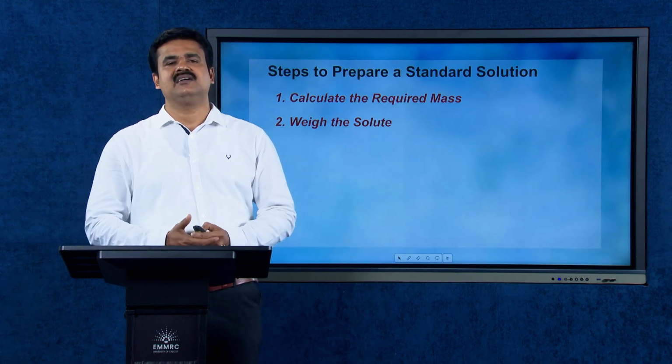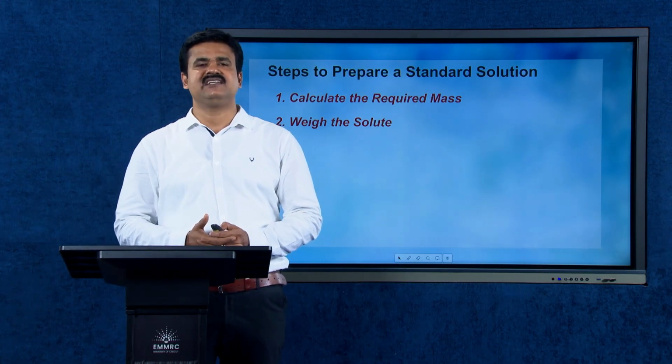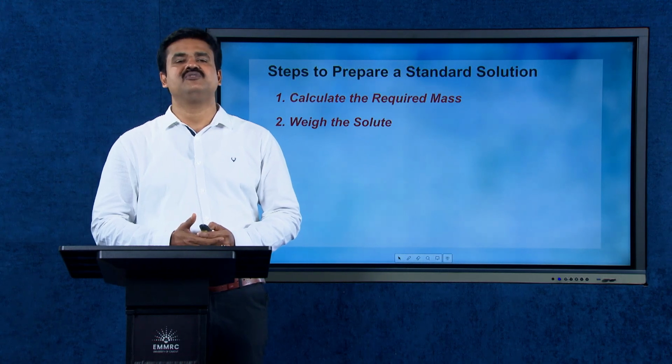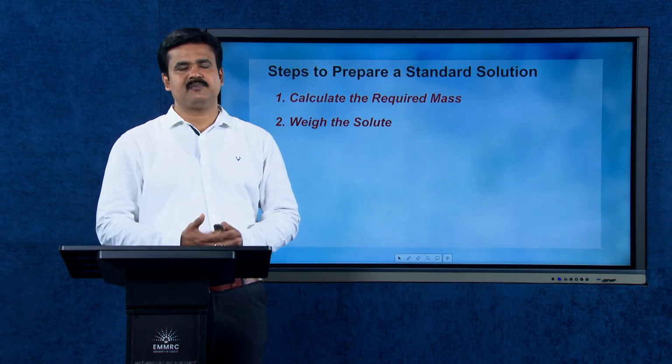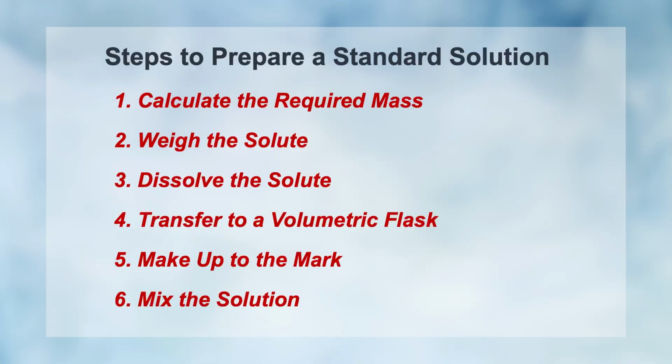The second part is weighing of the solute. Once the required weight is calculated, you have to weigh the solute. For this purpose, you can use an electronic balance. The third step is dissolving that solute in water or in a suitable solvent.